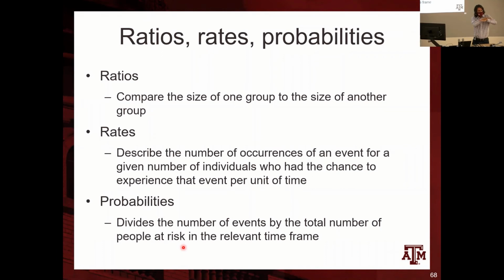For rates, we get population all over time. So if you're talking about rates related to 2021, I have to get different sizes of the population from January until December of 2021. Rates take into account time in the denominator. Probability doesn't. Probability gets the population in the denominator from the beginning of the period, okay?